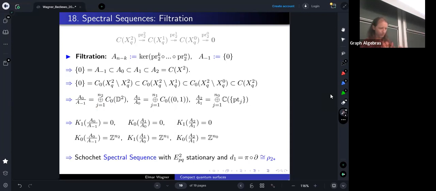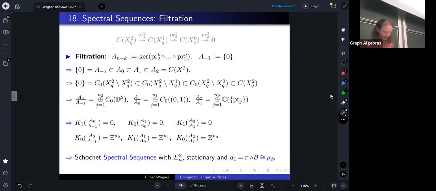If you want to compute the homology of a CW complex, you have these boundary maps. The boundary of some disk maps into a skeleton, which can have quite complicated K-theory, but it maps to some generators. And the dualization of this gives the first differential.